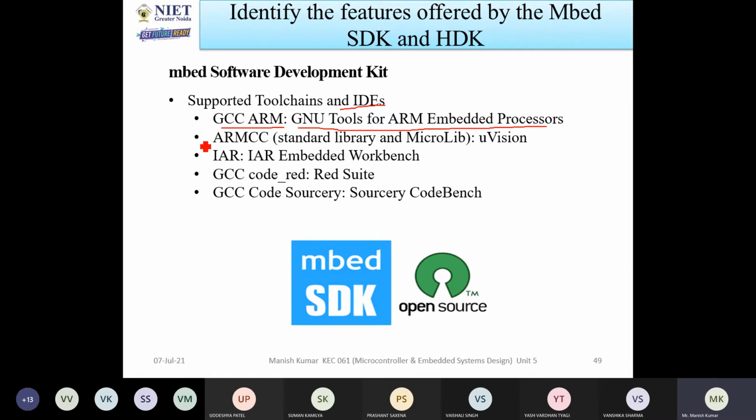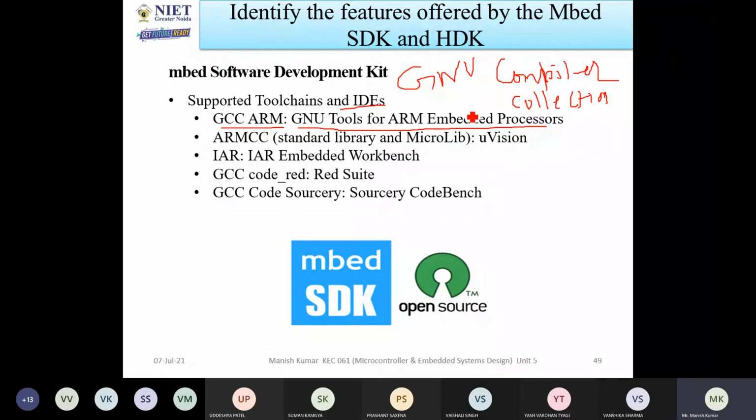GCC is called GNU Compiler Collection. This is a type of compiler which can collect all the information and make an executable file. This GCC compiler is made with the help of GNU tools.